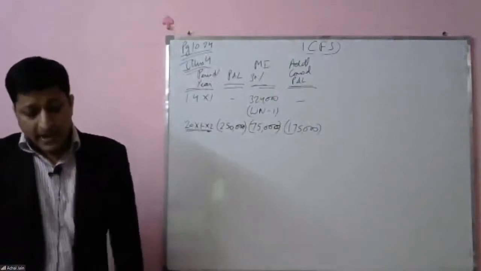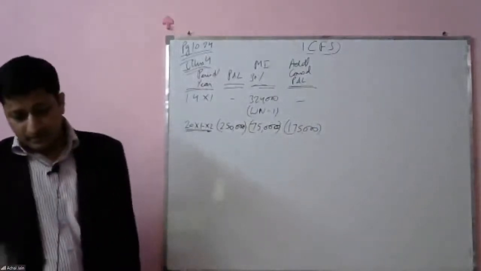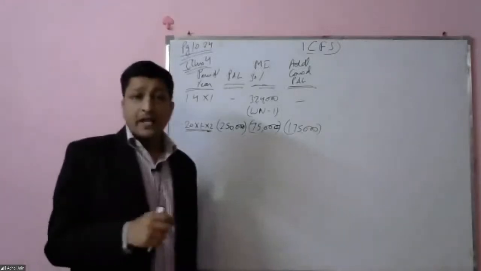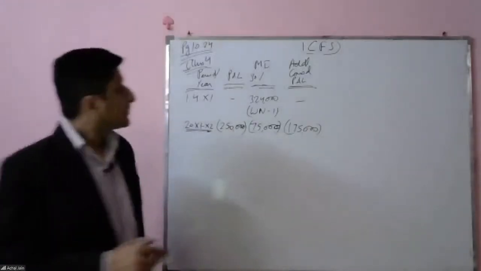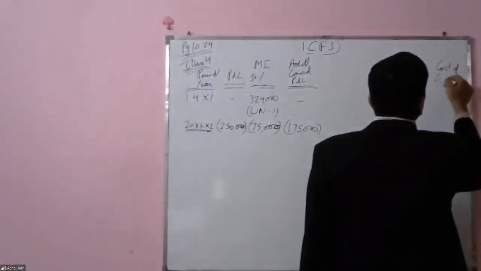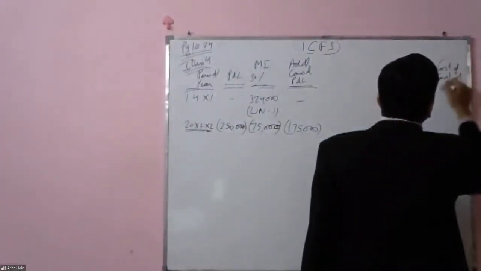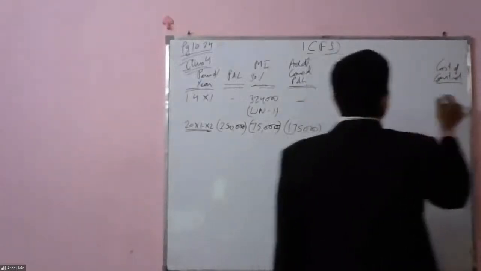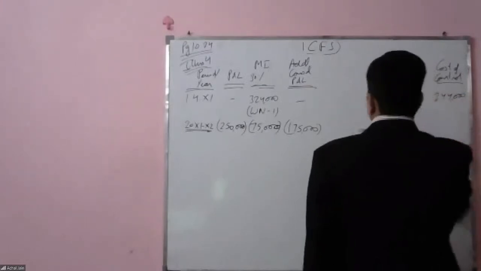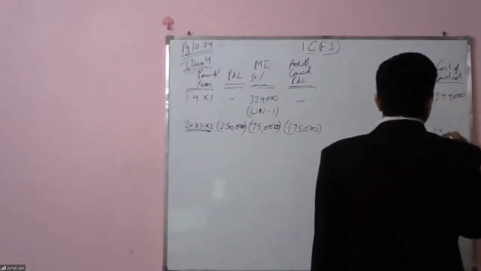On this date, there will also be a balance of cost of control, which was 2,44,000. This is nothing but goodwill, and this remains unchanged.